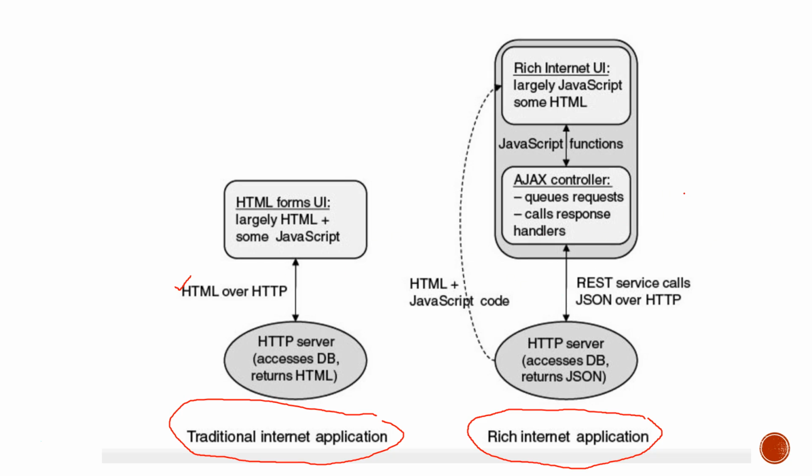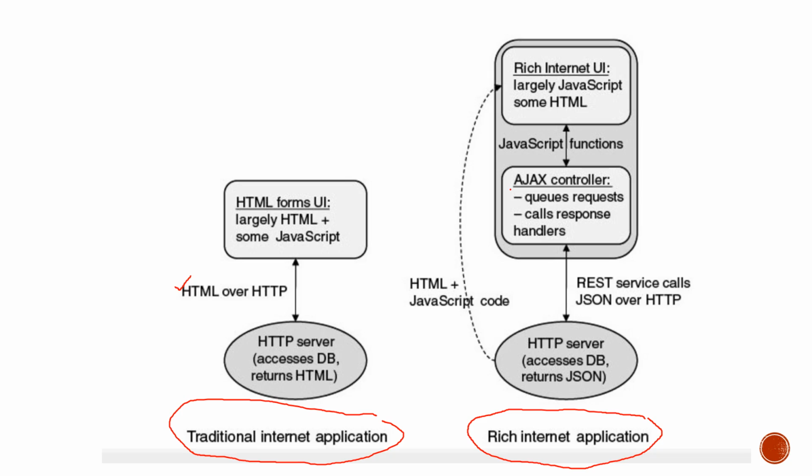If you want to add more functionality, though, in a rich internet user interface, you invoke some JavaScript and some HTML. Both of them will give you JavaScript and HTML functionality. The difference is that the JavaScript in the rich internet application will use an AJAX controller to manage request and response.